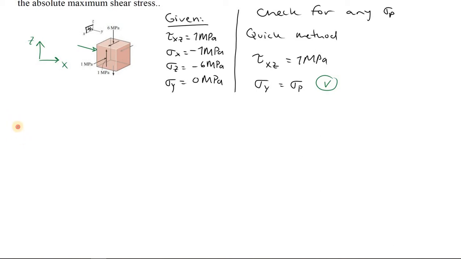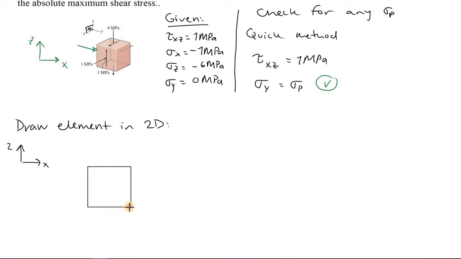So draw the element, the simplified element. So it will then be in 2D. I have my Z and X direction.